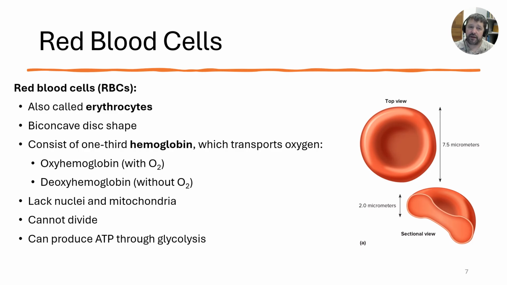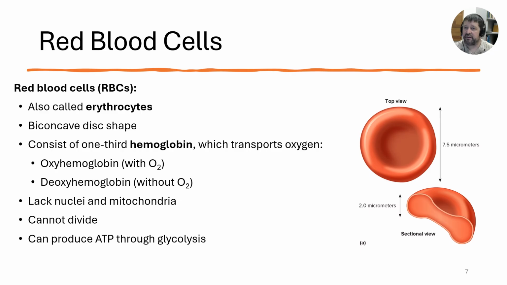So when an erythrocyte leaves the bone marrow and is considered mature, its clock on how long it can last starts, because it can't replicate itself.